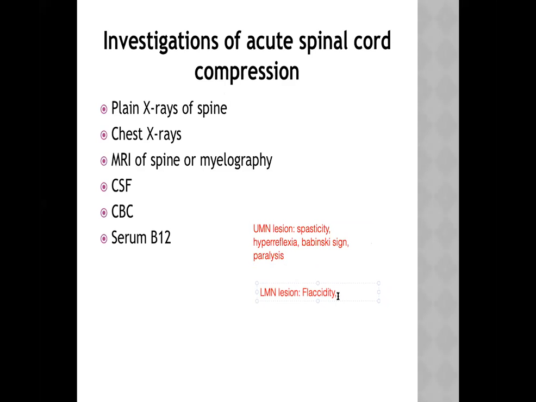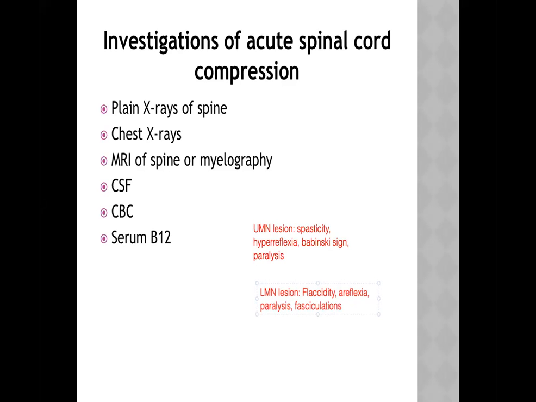Then areflexia, there is absence of the reflexes. Absolutely important point. There is severe loss of power, which is paralysis. It is always denser than in the upper motor neuron lesion, and there is one very important feature known as fasciculation. Fasciculations are not present in upper motor neuron features.